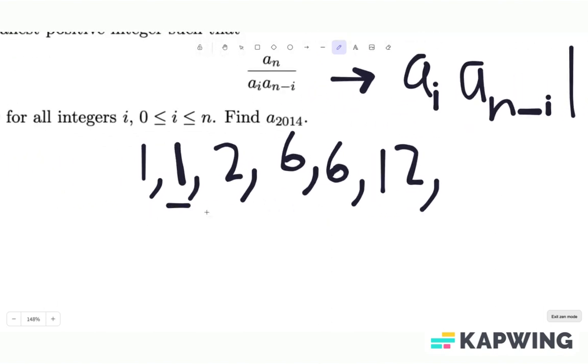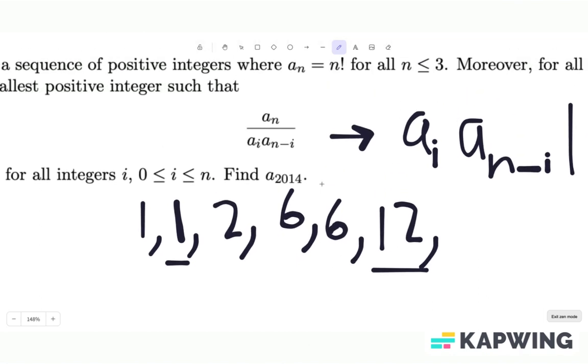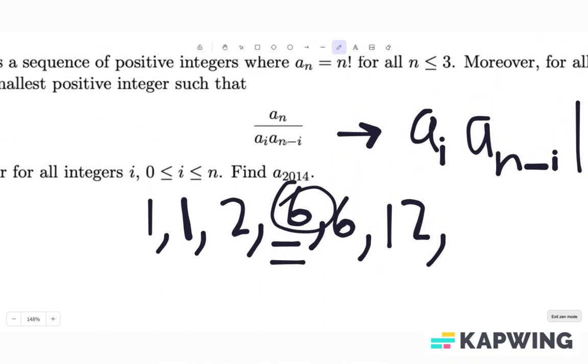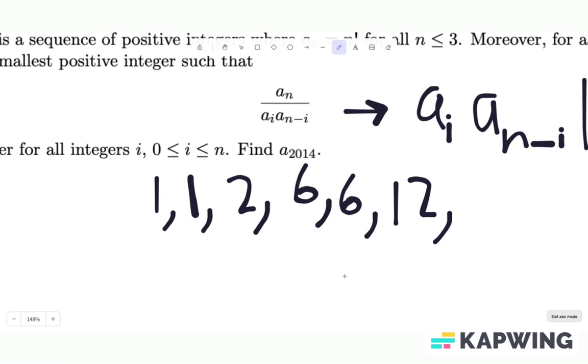And then the same way, we have a sub 1, a sub 5, and 12 divides a sub 6. Here I and n minus I are equal if n is even.